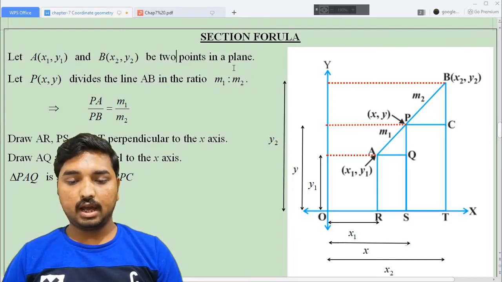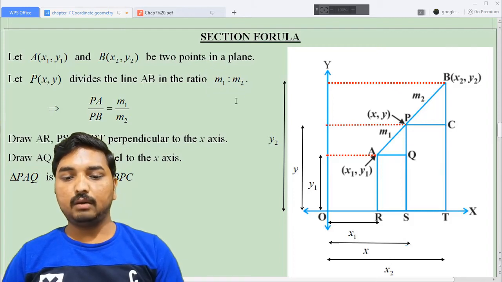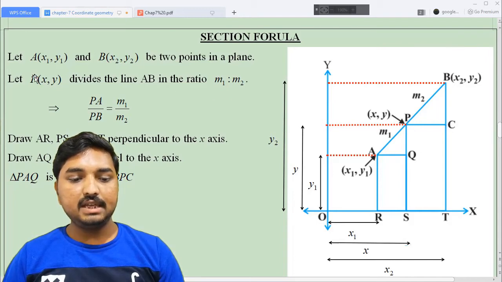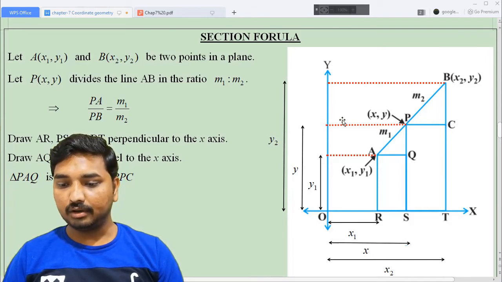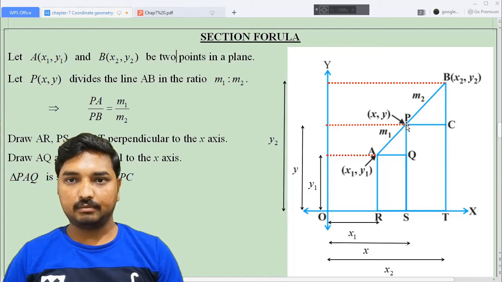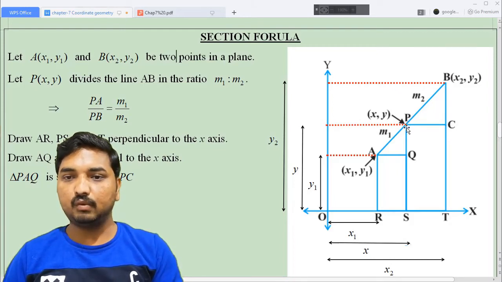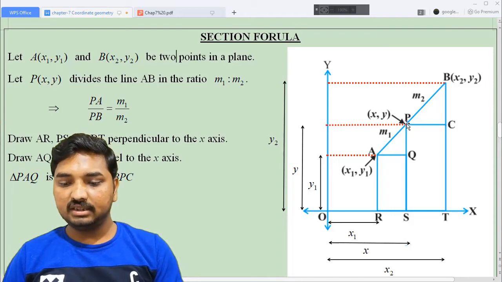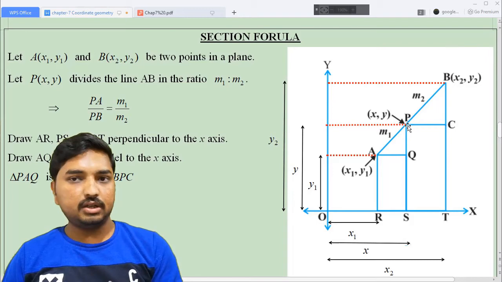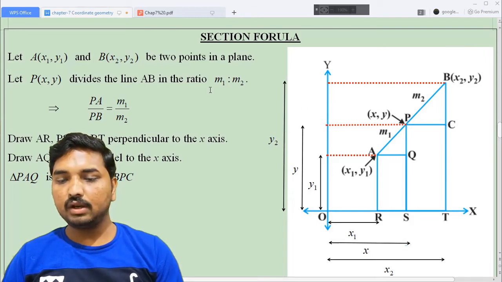I'm going to take the ratio in the general form, that is m1:m2. P is the point at which I'm going to cut this straight line. If you cut this straight line AB at this point, it will divide it in the ratio m1:m2.